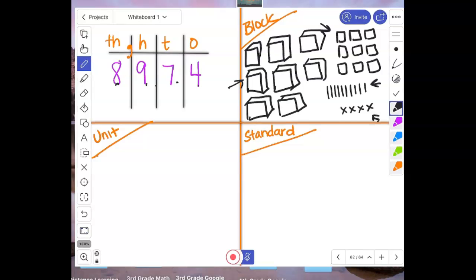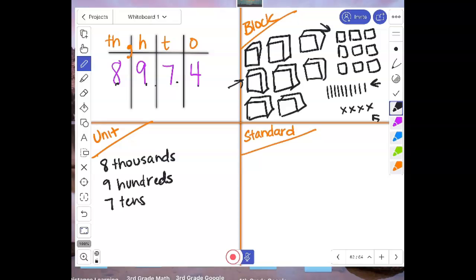Okay, so now I got to write out what each of those are. So I have 8 thousands. I've got 9 hundreds. I've got 7 tens. And I have 4 ones. So that makes 8,974.